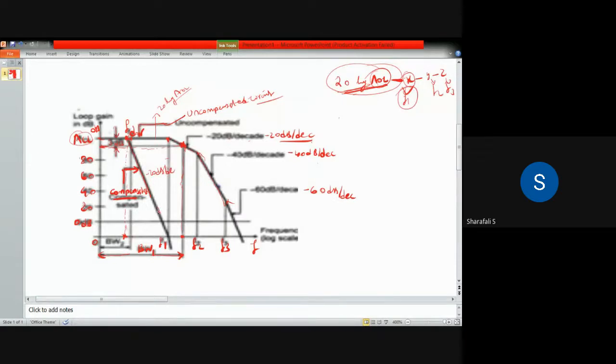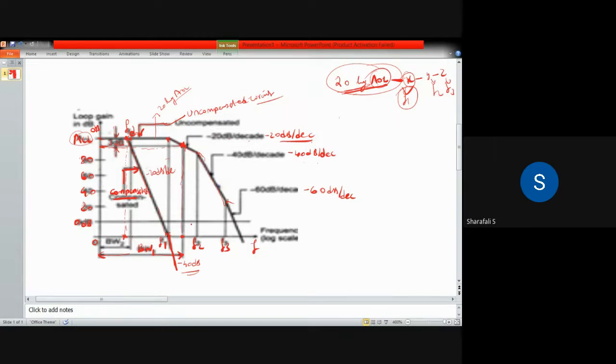Once it reaches the F1 position, that is the second break frequency now, you will have another decrease of minus 20 because of that F1. So here we will have minus 40 after that F1.